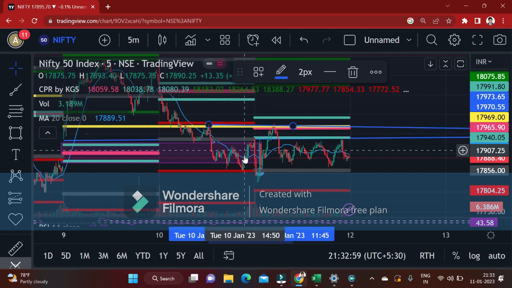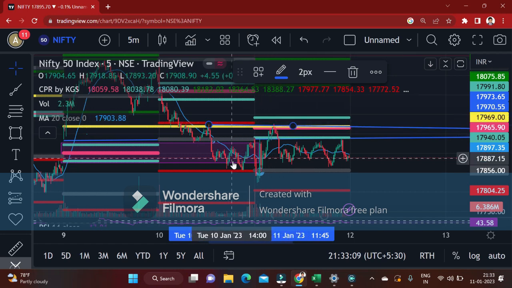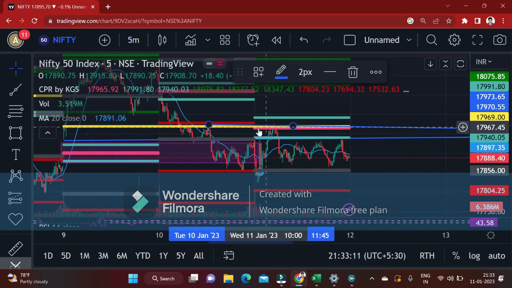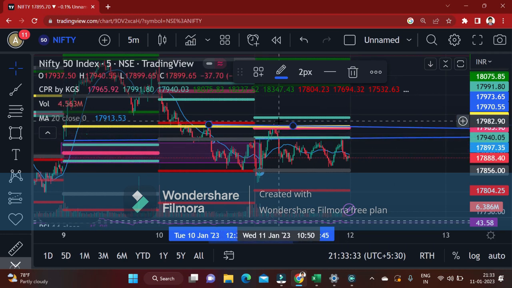And what is the second confirmation? Here we have seen one bearish pin bar. Okay, third thing was what? There is a center CPR, that is CPR, center pivot. So as I told, there should be at least 3 confirmations to take a trade, and we got them. Another confirmation also, my market is negative.